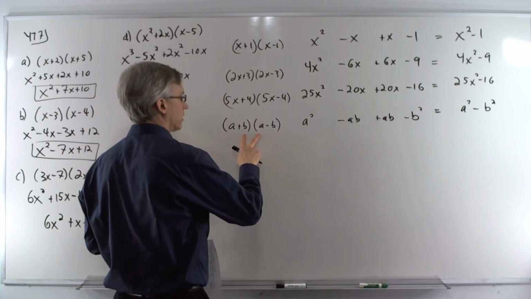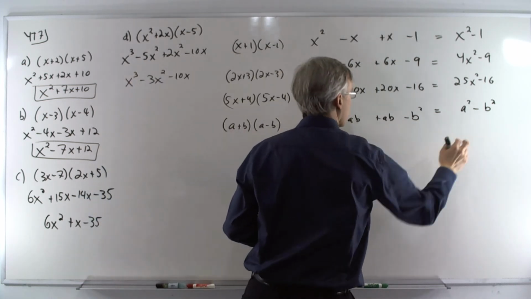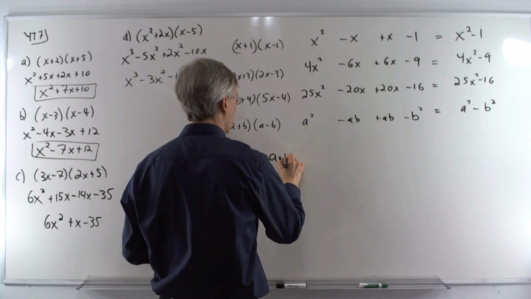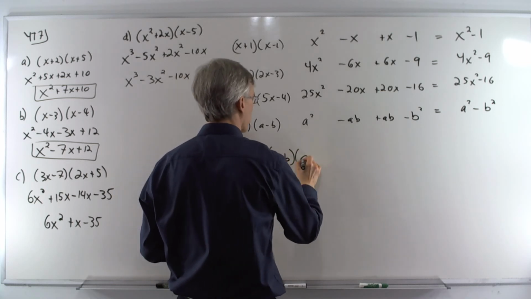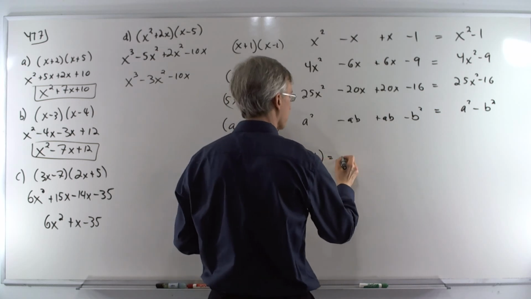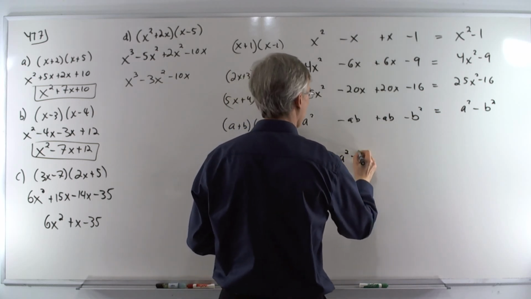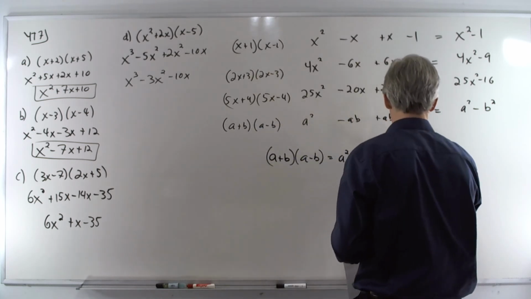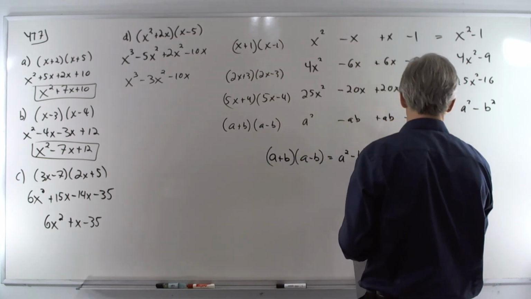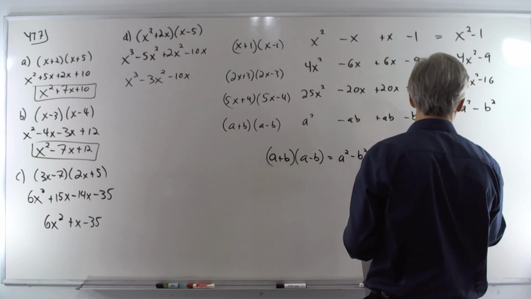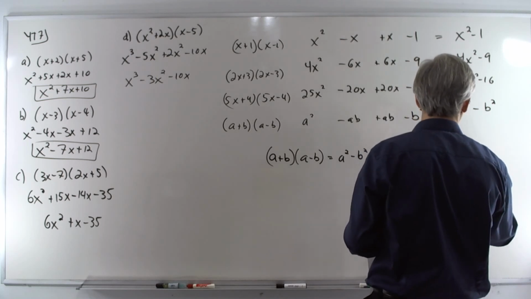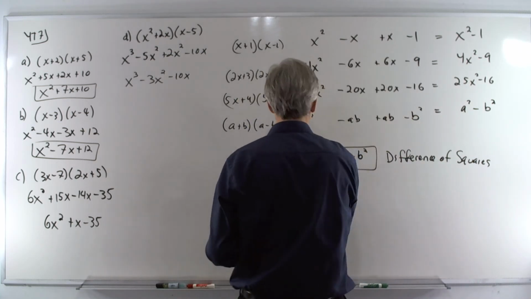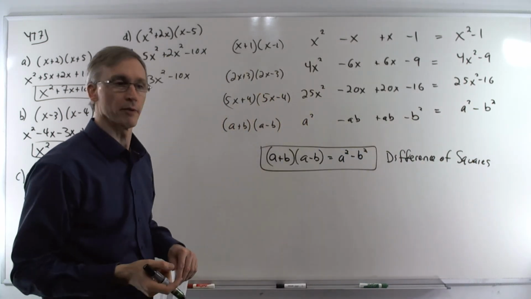So if you look at this last row here, that gives us our formula. a plus b times a minus b equals a squared minus b squared. And this is the famous difference of squares formula.